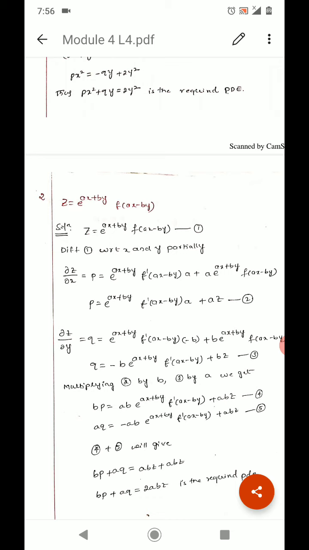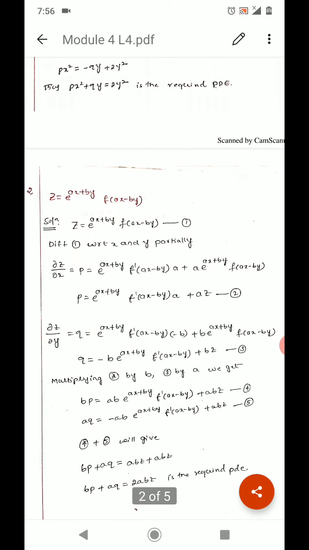So take the given equation as equation 1 and differentiate the equation with respect to x and y partially. So first with respect to x, that is del z by del x, which is taken as small p, which is equal to, here we have a product of two functions. E power ax plus by is one function and f of ax minus by is another function.